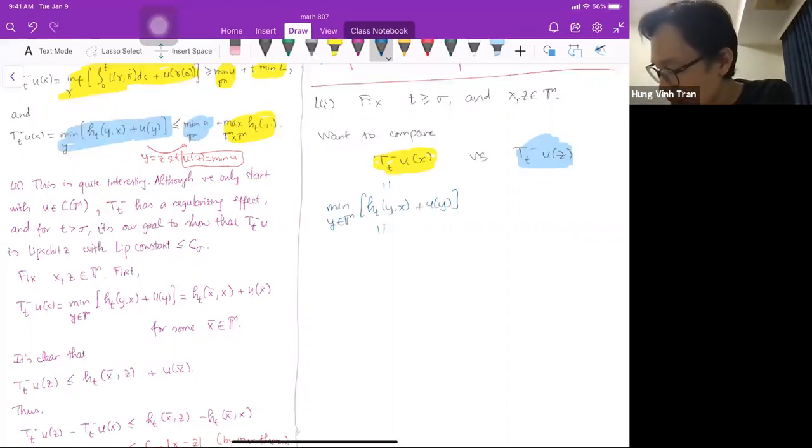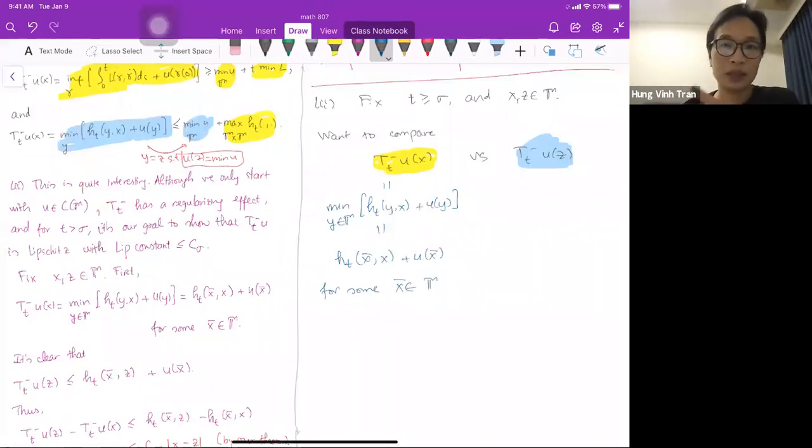So this equals h_t(x bar, x) plus u(x bar) for some x bar in the torus. Again, because h is continuous in y, the sum is a continuous function in y, so the minimum has to be realized at some point, say x bar.